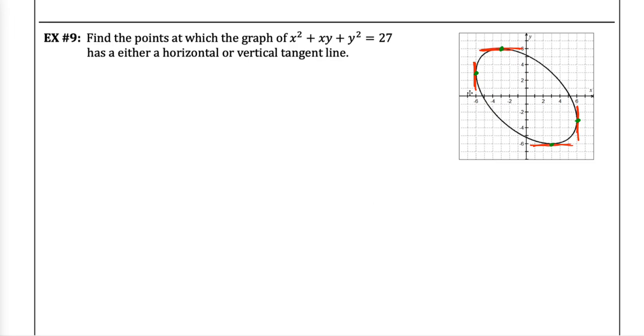Anybody have any thoughts on how we figure it out with no picture? I'm hoping this is because nobody wants to speak up because it's so early. Wait, are you asking if we would have been able to do that without the picture? Oh no, we're definitely doing it without the picture. Oh, how do we find the answer?